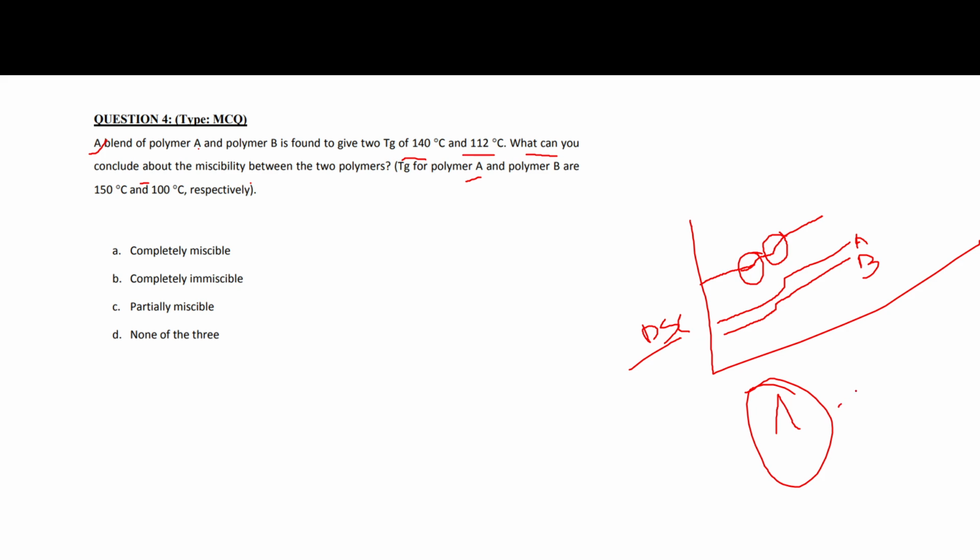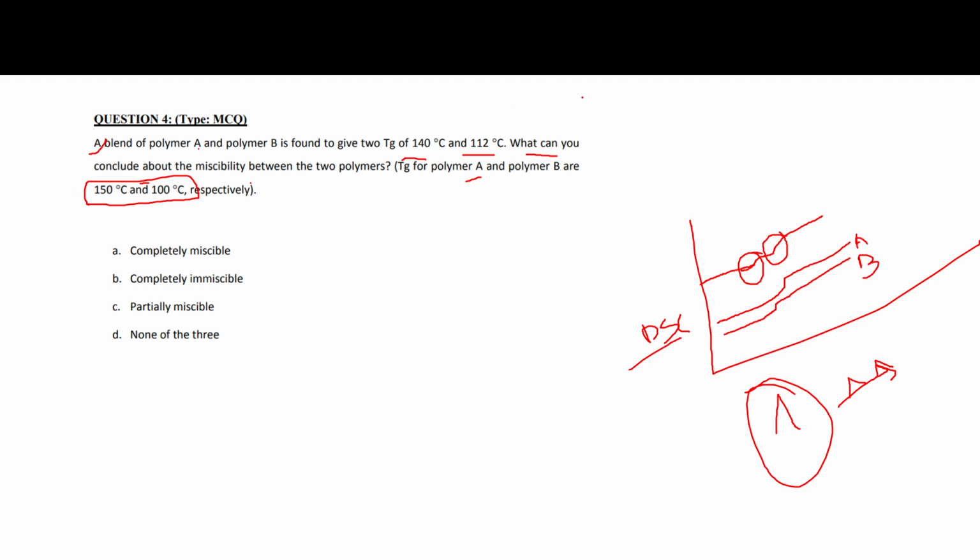But when we get two Tg in a polymer sample, that suggests the polymers are not miscible. If they are completely immiscible, their Tg is not changed, similar to their own Tg, like 150 or 100.